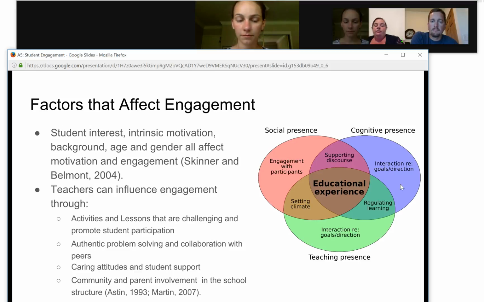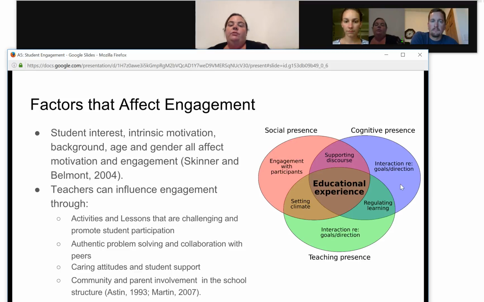So things like the activities and the lessons that are created, like authentic problem solving, collaboration, student discourse, creating active learners, and then the classroom environment, creating attitudes, support, faculty interaction, and also the ability of faculty and schools to bring in communities, peer, and family involvement. All of these things have been found to increase student engagement and consequently student learning.